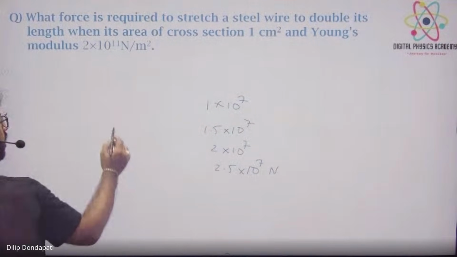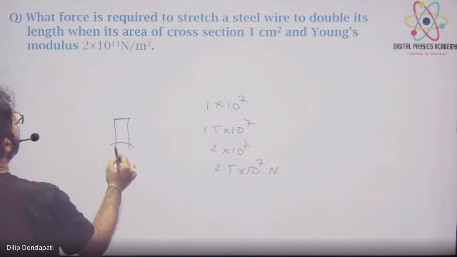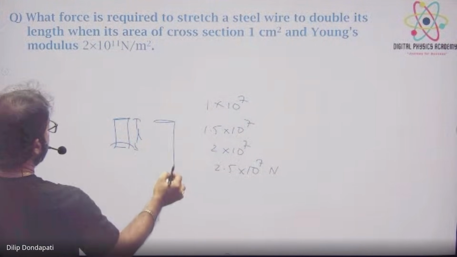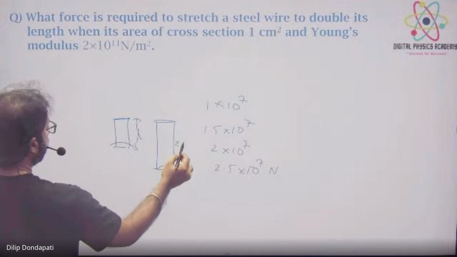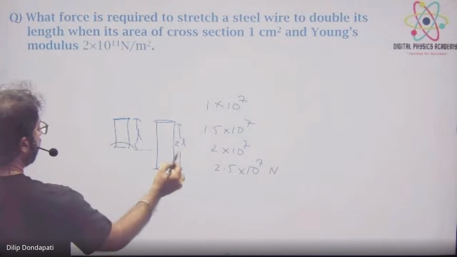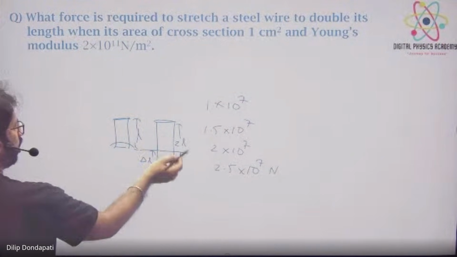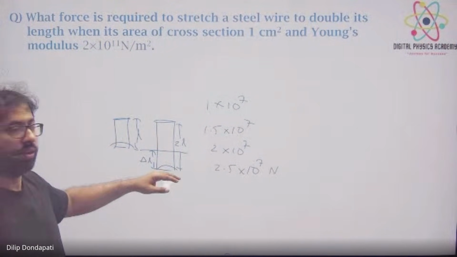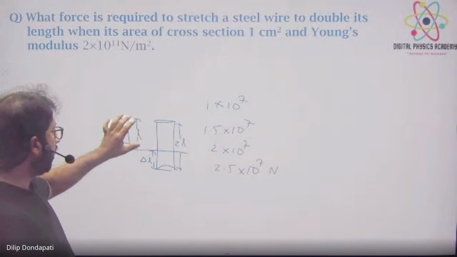So we have it. Initial length is L. The force required to stretch the wire to double its length. So delta L is how much? No, delta L is L only. 2L minus L. So कितना चेंज हुआ टोटली 2L minus L. Yeah, delta L is L only.